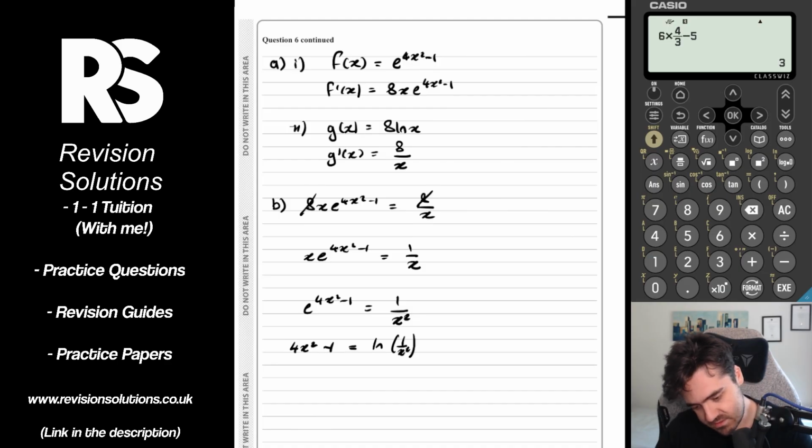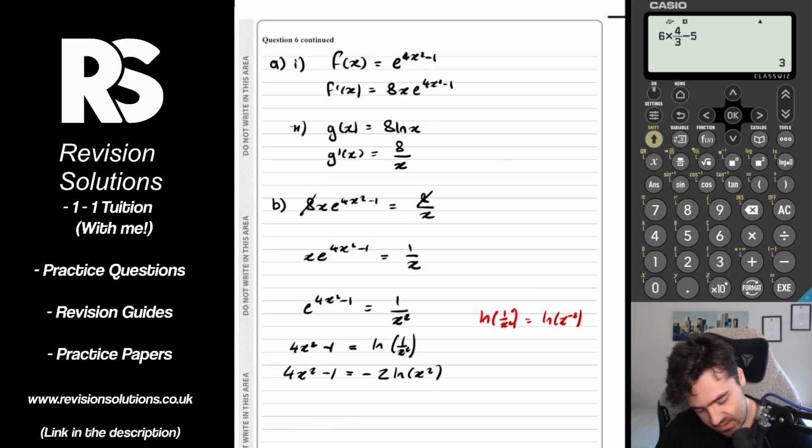And if we think about it, the natural log of 1 over x squared is the same as the natural log of x to the minus 2. So we can bring that minus 2 down as a power using our logarithm rules. So 4x squared minus 1 would be equal to minus 2 natural log of x.